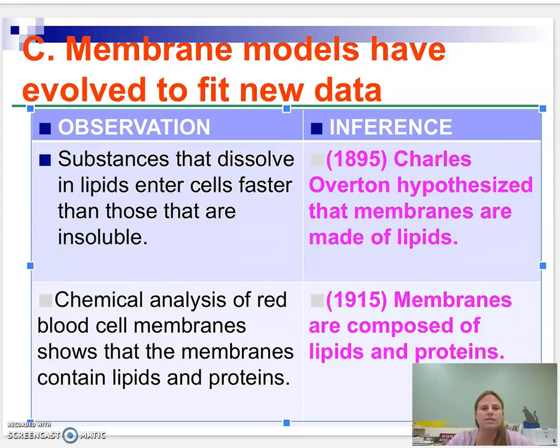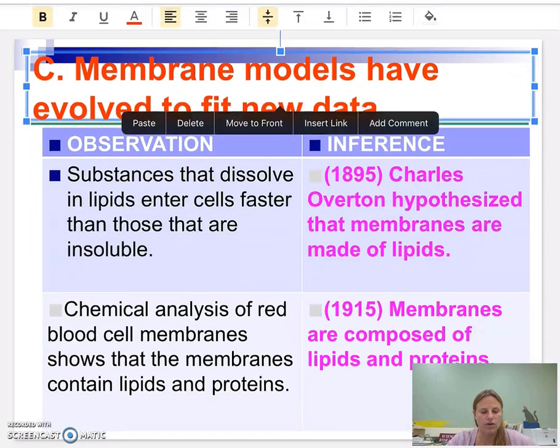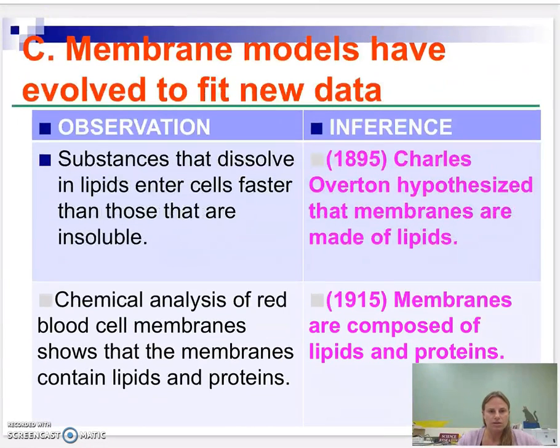Over time, scientists made different observations that helped us infer what the actual shape of the membrane is. So the first observation that gave us some sort of clue as to what the cell membrane might look like is that Charles Overton noticed that substances that dissolve in lipids enter cells faster than those that are insoluble, that don't dissolve in lipids.